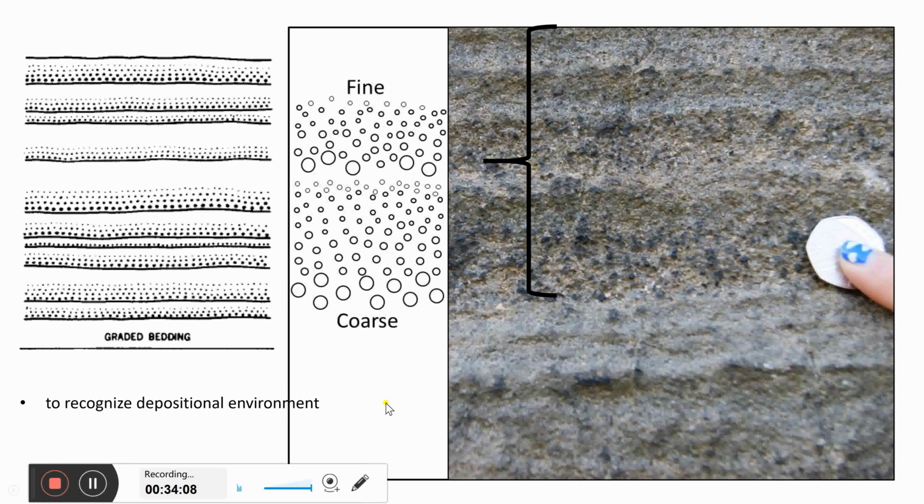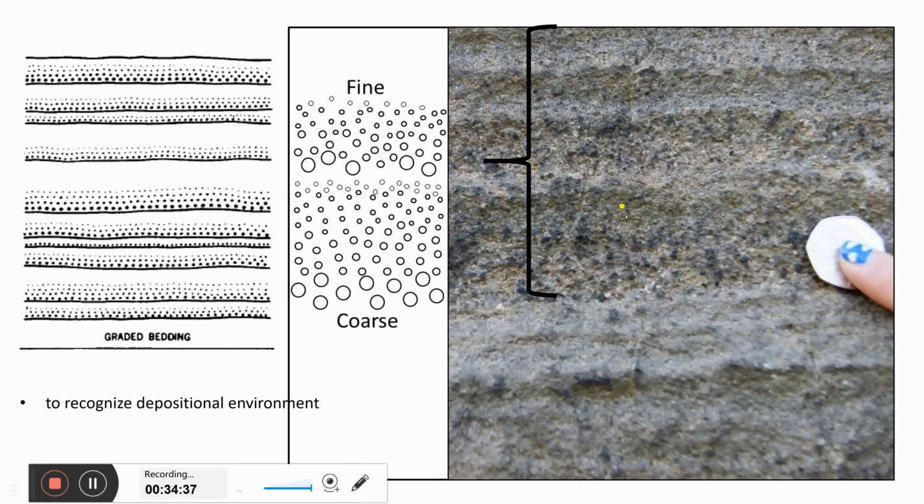Okay, here is an example of graded bedding: finer sediments in the upward direction, and mostly coarser at the bottom. Typically, at the right side, in this view you can observe coarser at the bottom and finer at the upper side. These types of features are very helpful to identify a depositional environment.